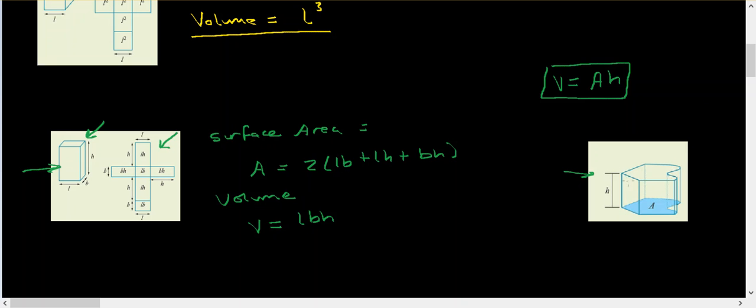So if you cut a slice across here and another slice across here and compare those two slices, they're going to be exactly the same when you look down on them. So when you have a uniform cross-sectional area, you can get the volume or the capacity of that shape by using this formula: the area of the face of the shape, multiplied by its height.